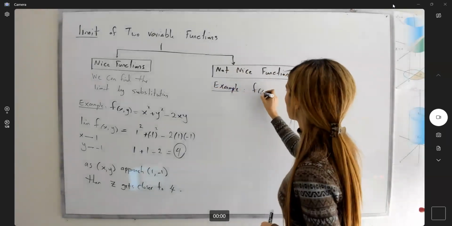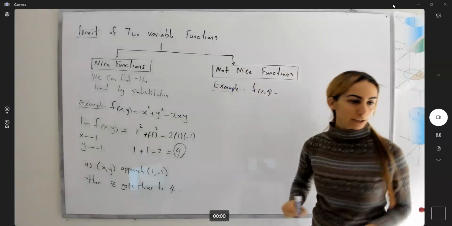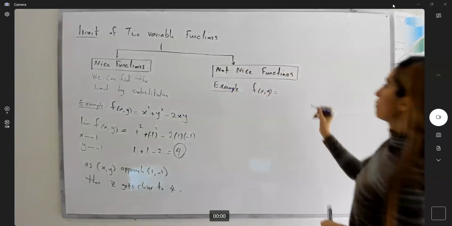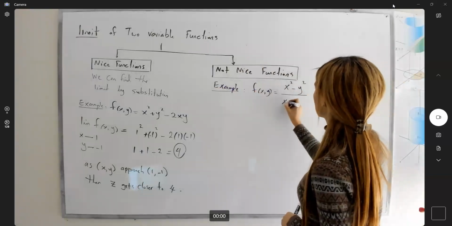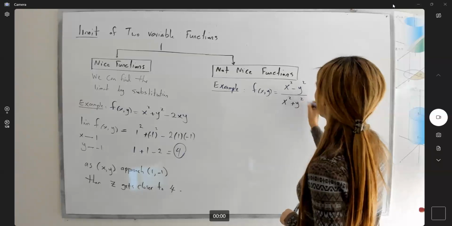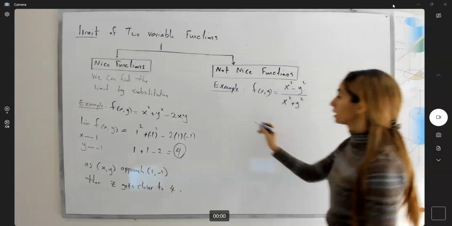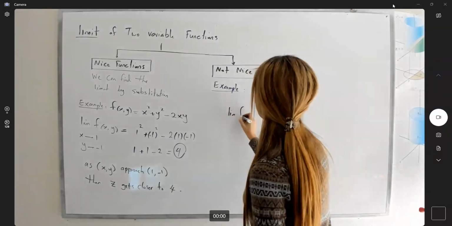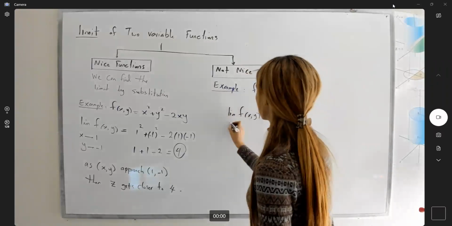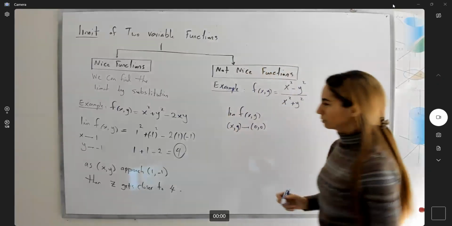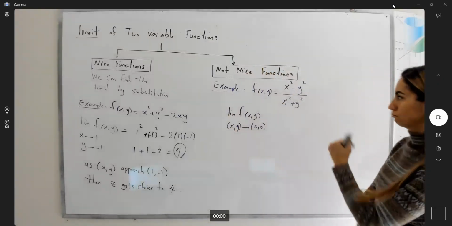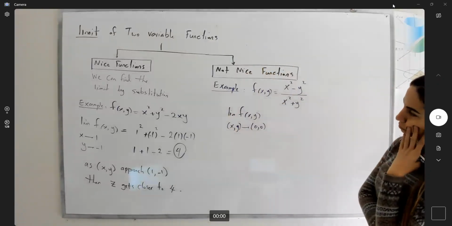My f of x and y is defined as x squared minus y squared divided by x squared plus y squared. And I ask you to find the limit of f of x and y as x and y approach the origin, 0 and 0. Okay, very good.